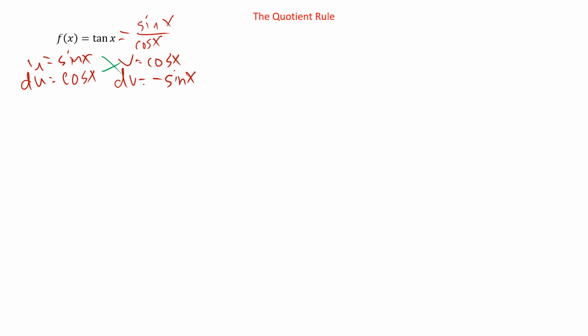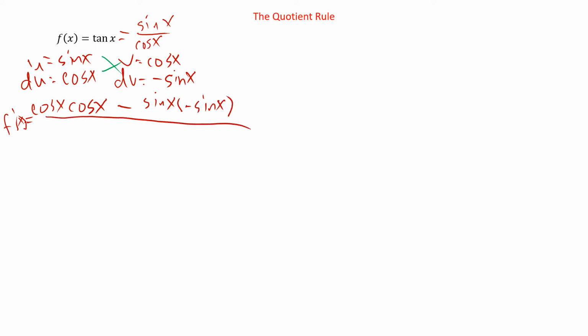We're going to have cosine times cosine, f prime of x equals cosine x, minus sine x times negative sine x, all over cosine squared x.